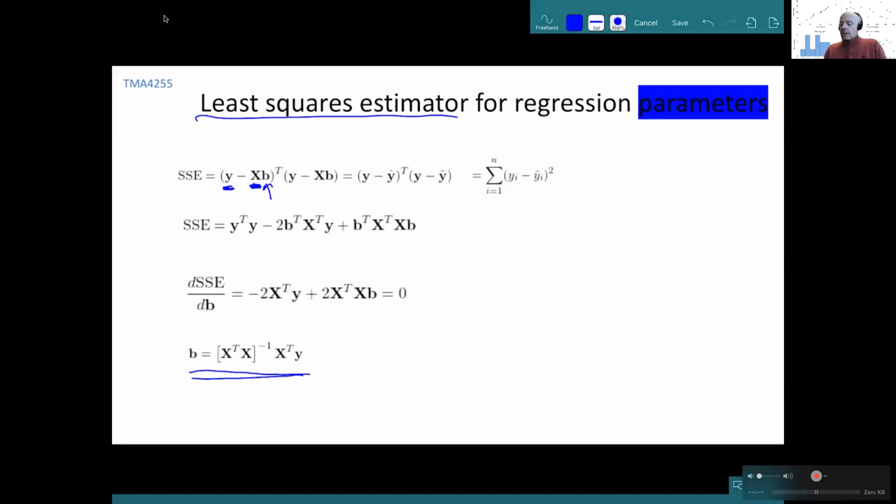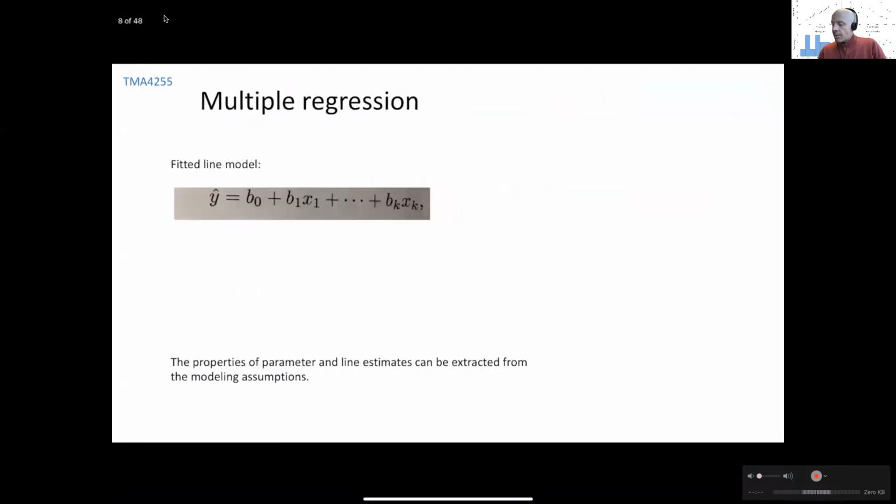Here I'm writing small y, so this would be an estimate. If I plug in my model here and consider the y to be a random variable, like a capital Y, then it would be an estimator, something that we can also study the statistical properties of. So this is parameter estimation, and what we get out is this fitted line. The properties, as I said, can be extracted from the modeling assumptions.